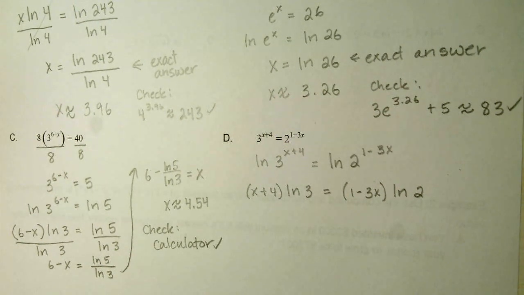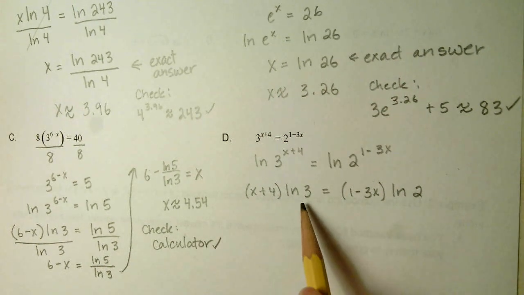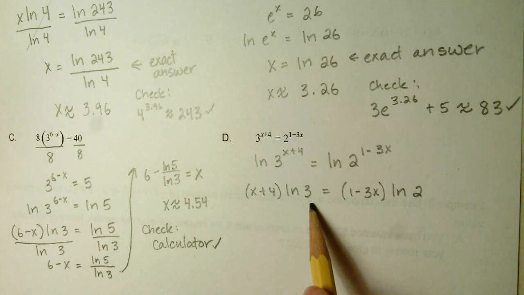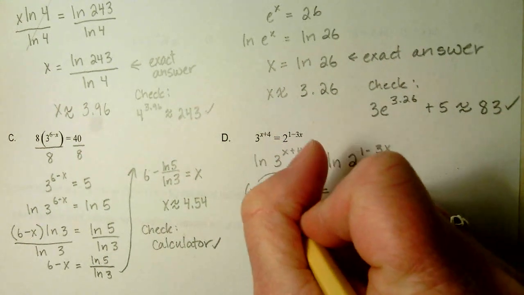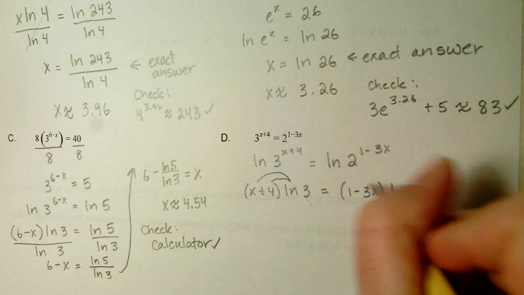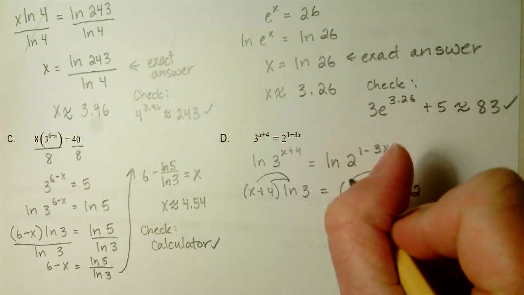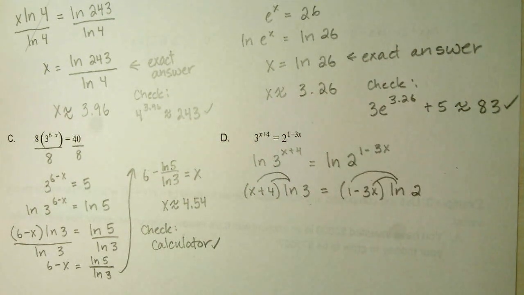So again, the natural log of 3 is just a number, so I'm going to use the distributive property. Because my goal is to get x by itself, so I have to do some algebraic manipulating.